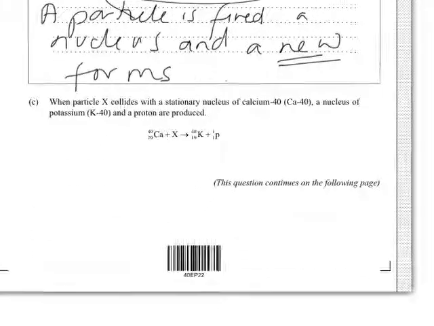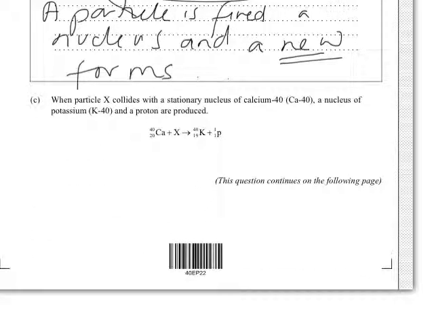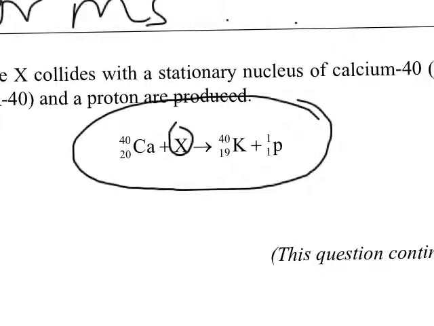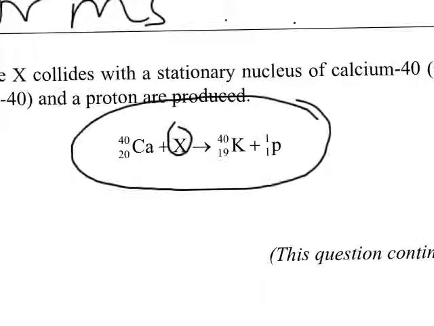Part C, when particle X collides with a stationary nucleus, a new substance, potassium, and 1 proton is released. And the first question we're asked is to identify that X element. Okay, so if we have a closer look at the numbers, we have a total here of 41, so therefore this must be a 1.